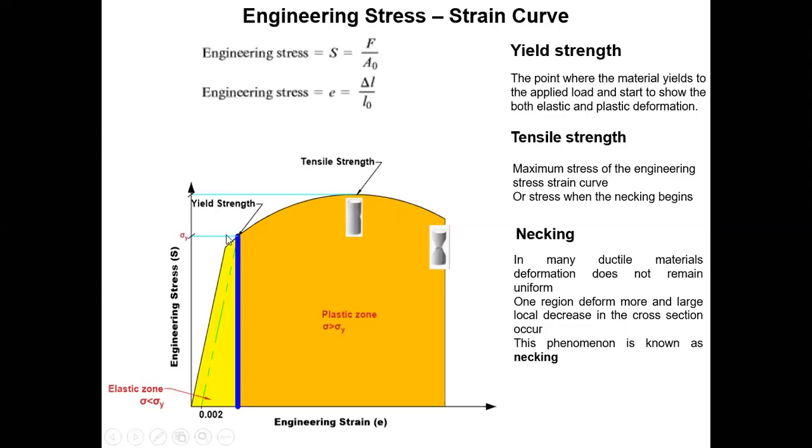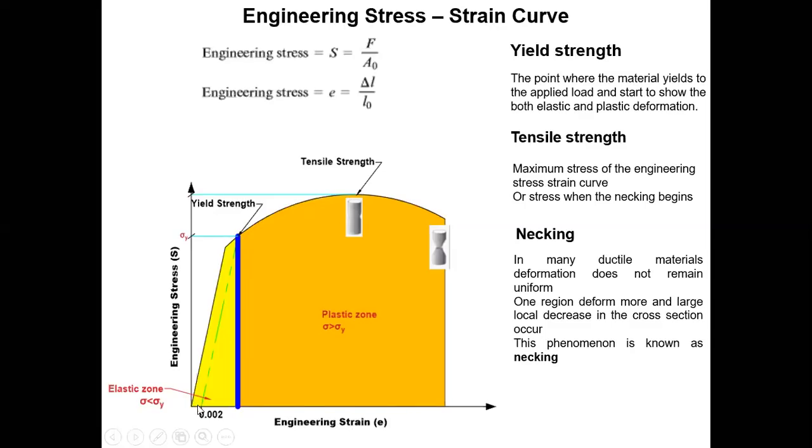So how do you identify this point and the yield strength? What you can do is we use a method. We call this value corresponding to here yield strength or 0.2% yield strength. That means once you plot the curve, you select a strain value of 0.002 in this axis.